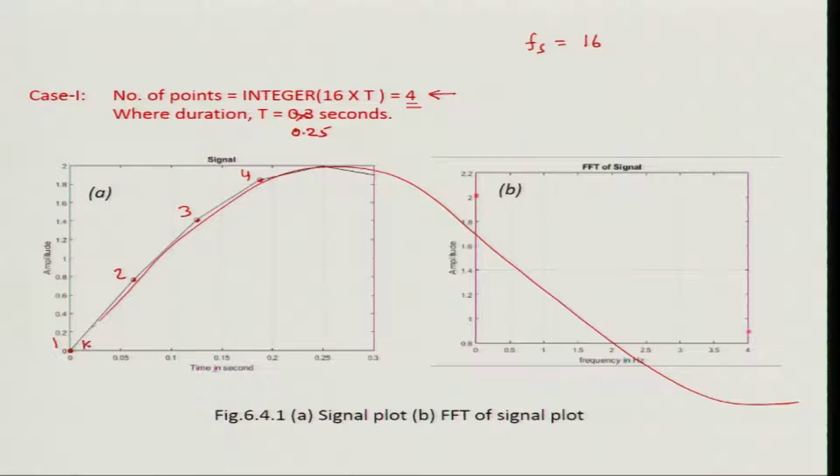These correspond to n is equal to 0, n is equal to 1, n is equal to 2, n is equal to 3, and I will get 4 different frequency components when I do the FFT.